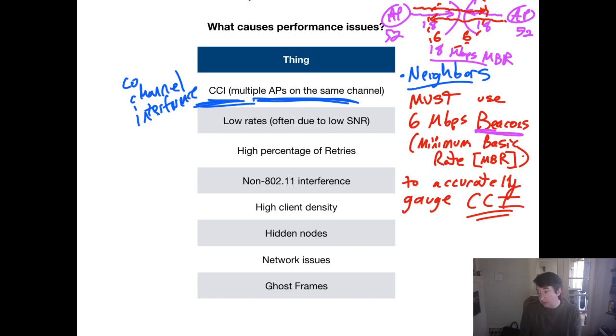Just because of what I'm talking about here, just because of this gap, the gap between what I can see with this 18 rate and what is actually being interfered with at this 6 megabits per second rate, there were so many extra access points where our location was kind of inside that gap of those access points that we had a CCI problem, but we didn't realize we had a CCI problem because of ghost frames, because of the fact that we couldn't see these beacon frames that were going above 6 megabits per second.